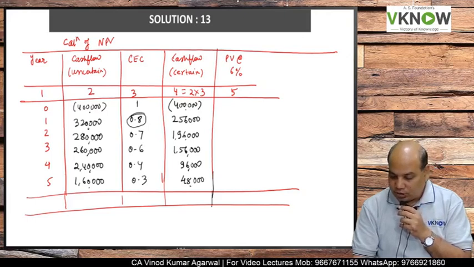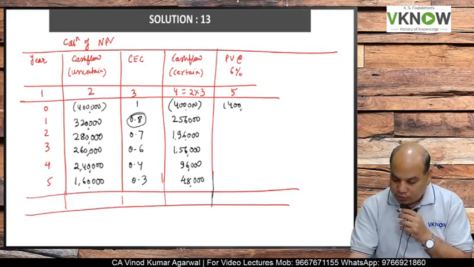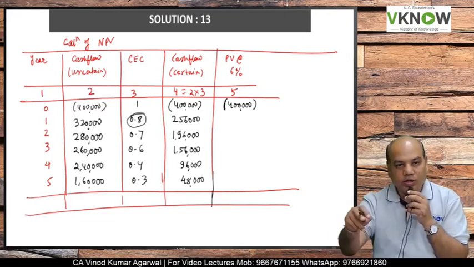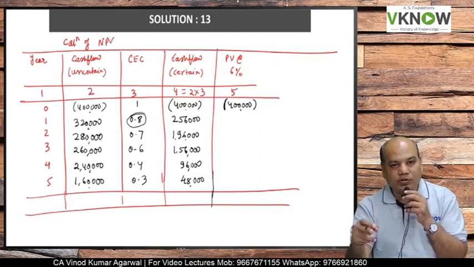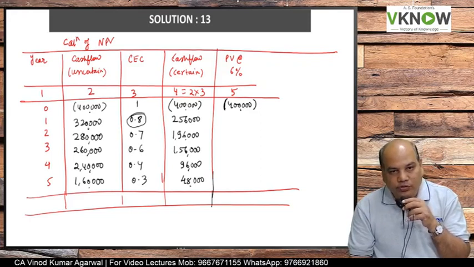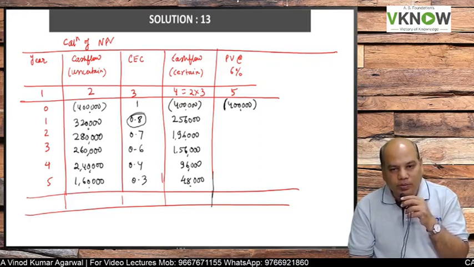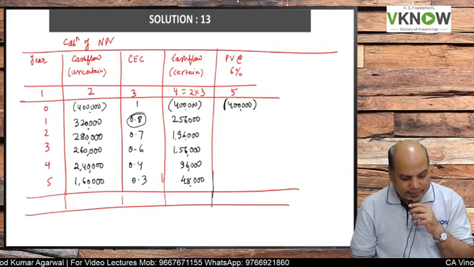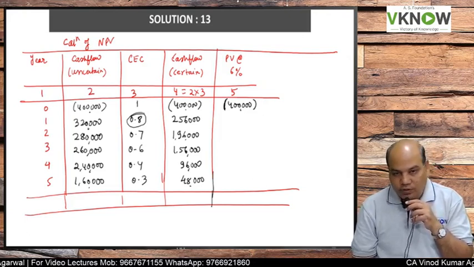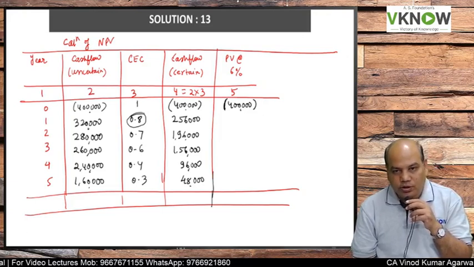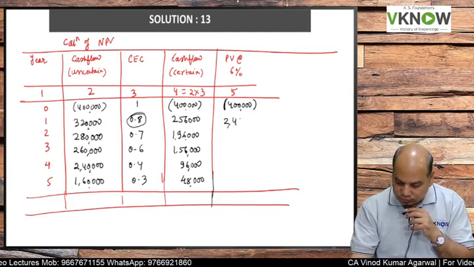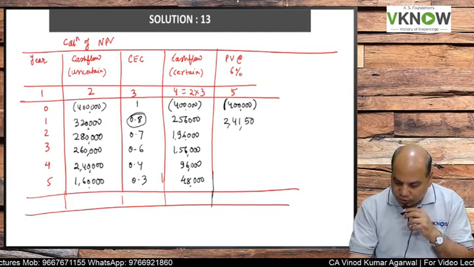Now take your calculator. First write 4 lakh in bracket. If you don't have the factor, then you can do it directly on the calculator. Also use the memory plus function. Type 2,56,000 divided by 1.06 equal to, memory plus. 241,509.